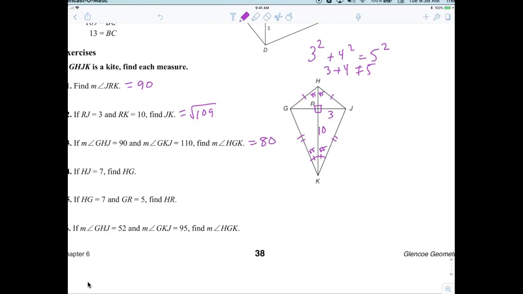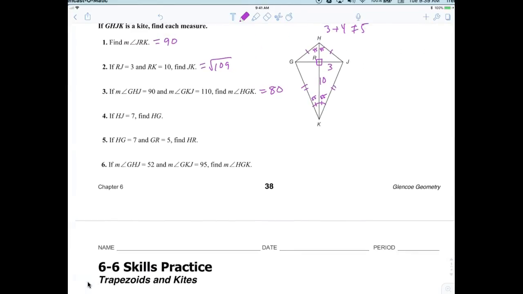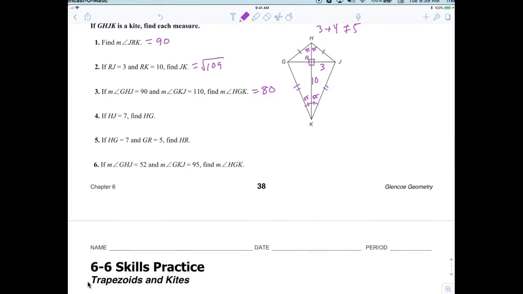Okay, so now HJ is 7, so HG is 7. Now, if HG is 7 and GR is 5, HR is the square root of 24.